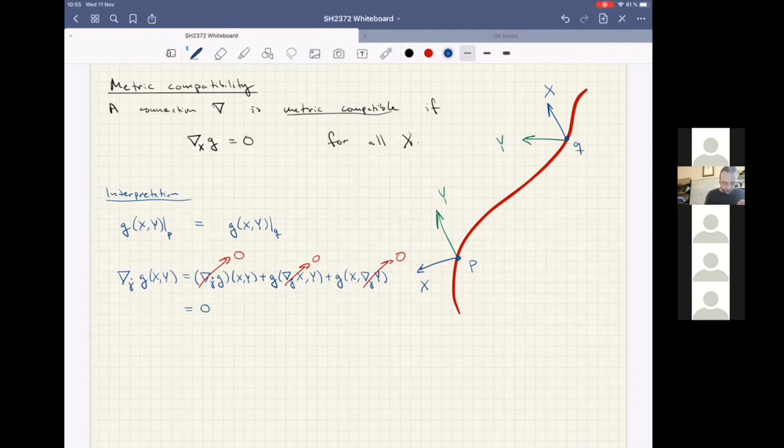That's worth writing down. If the connection is metric compatible, then parallel transport preserves lengths and angles between parallel transported vectors.